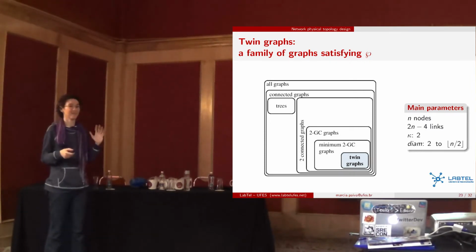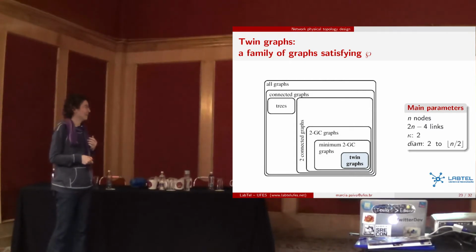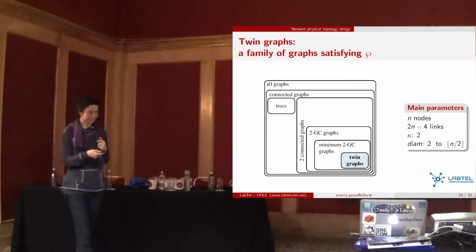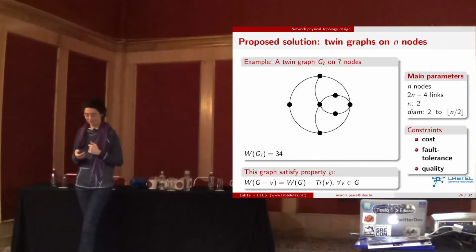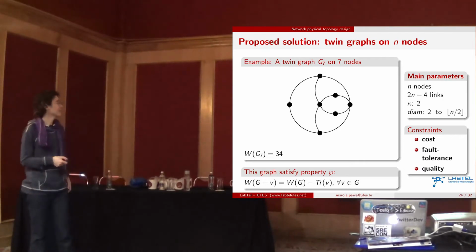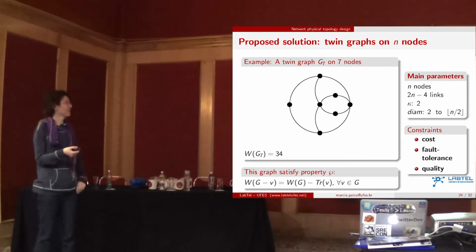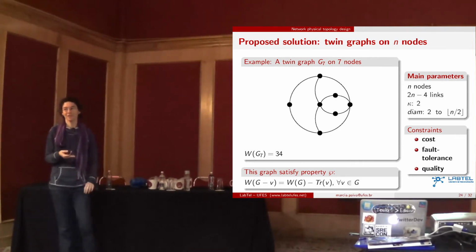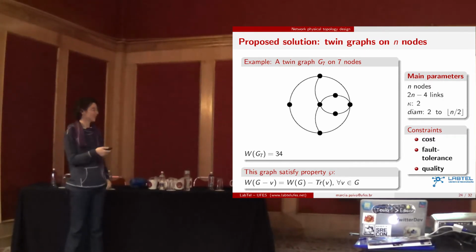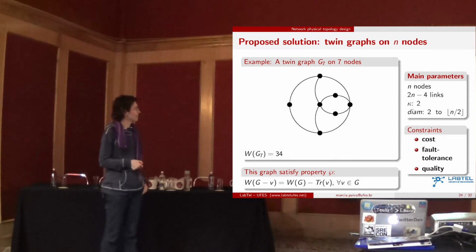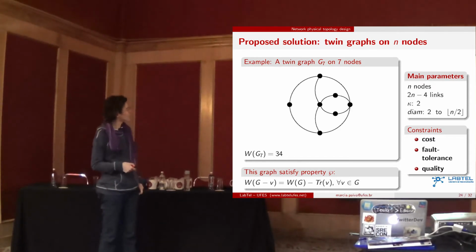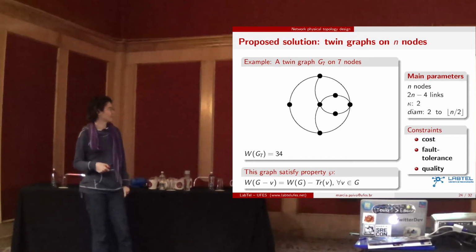So we can think about the minimum two GC graphs as twin graphs. So this is an example. For 7 nodes, the twin graphs are a family, not a single graph. This is an example that has Wiener index 34, and this graph satisfies these properties.